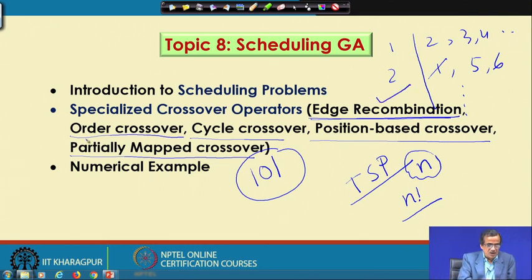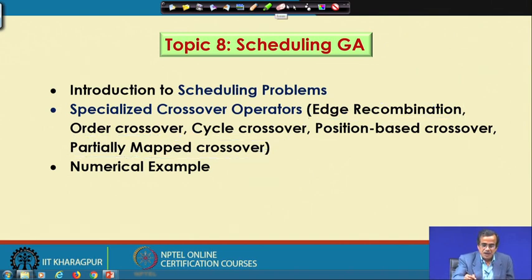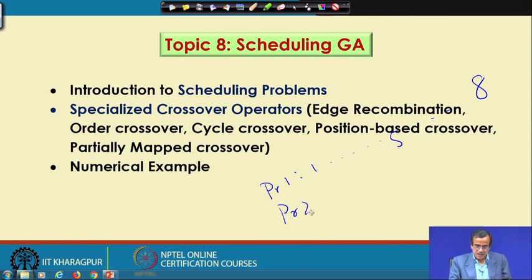Now, then comes your order crossover. Now, here actually what we do is we try to take the help of say two parents, parent 1 and parent 2. Supposing that the parent 1 is having a few cities like 1, 2, 3, 4, 5, 6, say 8, and parent 2 is something like say 8, 7, 6, last is say 1.